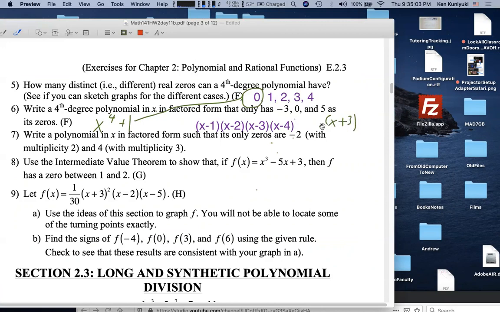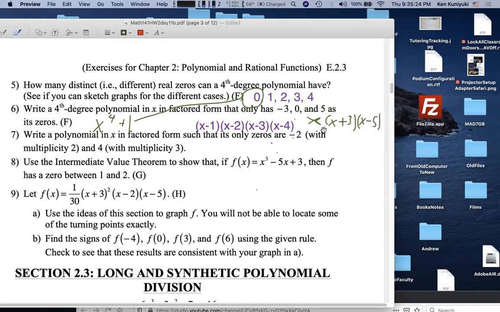If 0 is a zero, what has to be a factor? If 0 is a zero, then x is a factor. If 5 is a zero, x minus 5 is a factor.